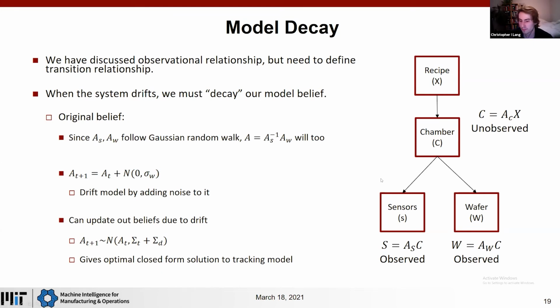The Kalman filter will track this relationship pretty well as long as the relationship between the chamber temperature and what we're reading floats around some value and doesn't cross 0. Yeah, basically the correlation between what you're seeing and the unobserved variable doesn't flip signs.